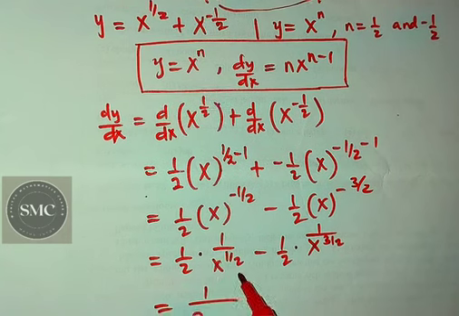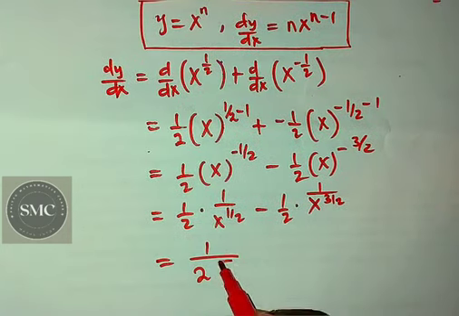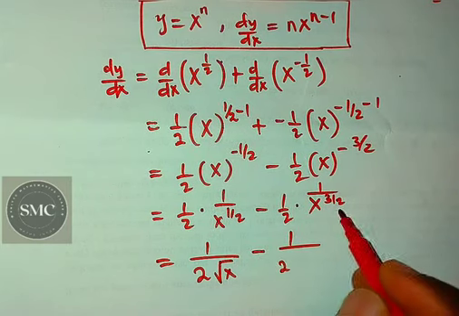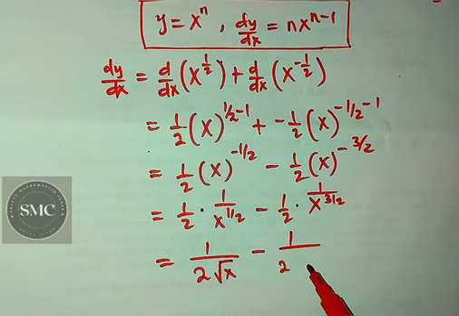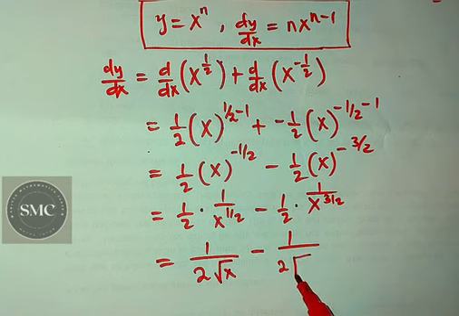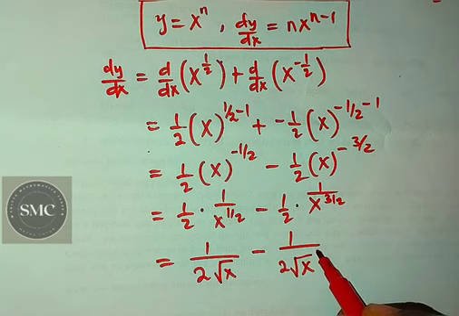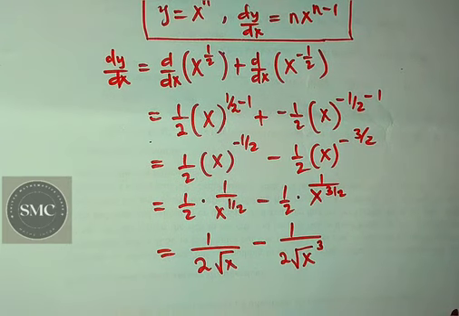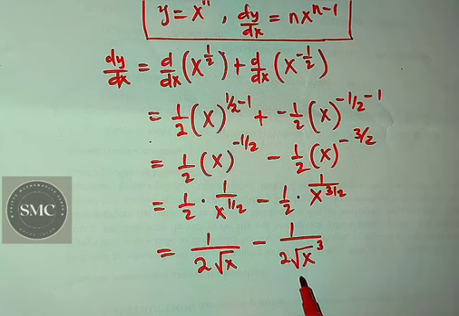You can see x to the power 1 over 2 can be written as root x, and x to the power 3 over 2 can also be written as root x to the power 3. So we have the solution to the problem to be 1 over 2 root x minus 1 over 2 root x to the power 3. And that is the solution to the problem.